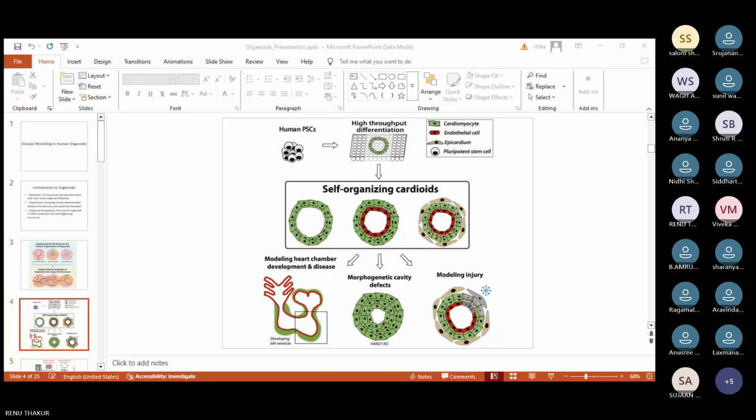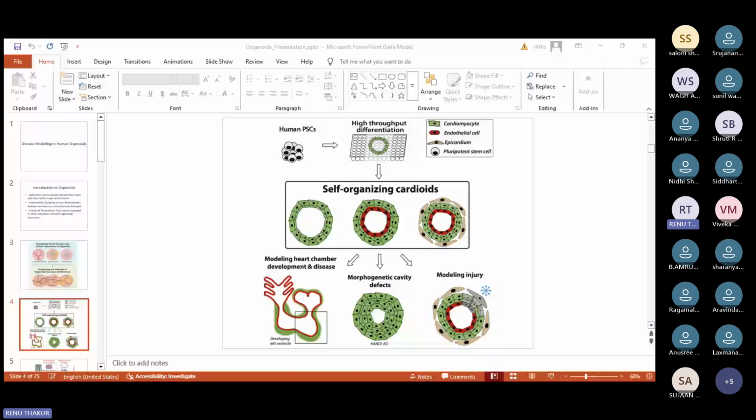So from a single cell a multicellular organism forms, and all these cells develop themselves into a particular kind of cell or a particular kind of organ, and all the organs have different properties and different morphology. Correct? Yes. Similarly, after the cell-to-cell interaction and after the tissue formation, these cells form some kind of patterns.